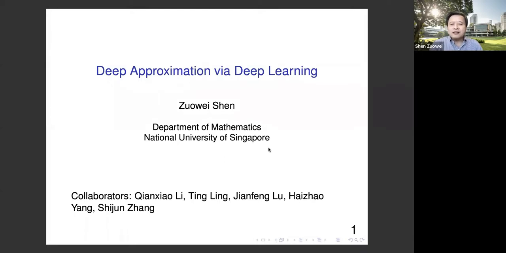Approximation theory is a classical area, maybe starting together with analysis. Whenever you talk about analyzing a function or computing a function, with or without a computer, you are talking about approximation.